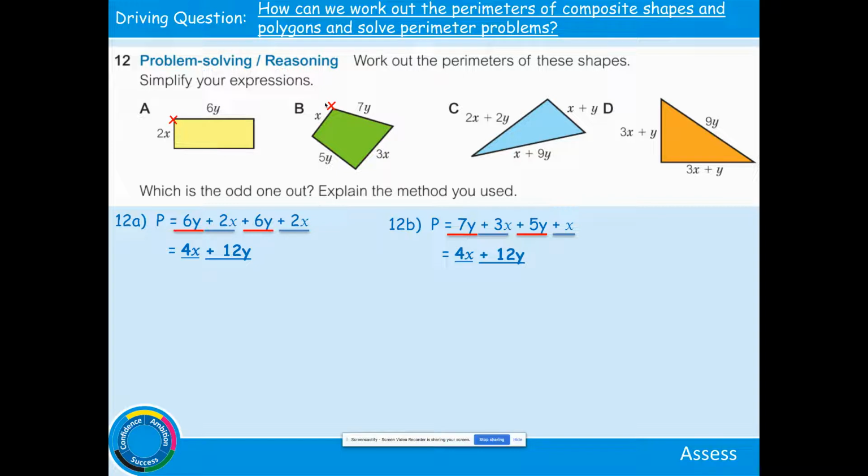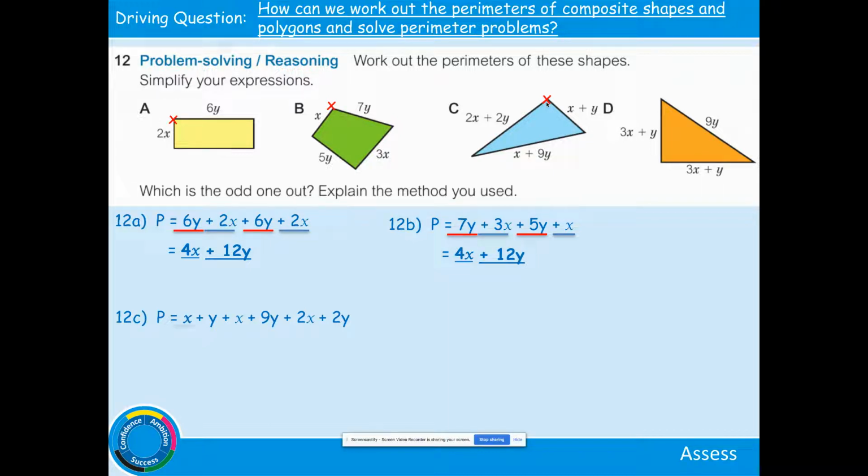Question C. There's my start point. So if I go around my shape, I've got x plus y, add x plus 9y, add 2x plus 2y. It comes x plus y, x plus 9y, plus 2x plus 2y.